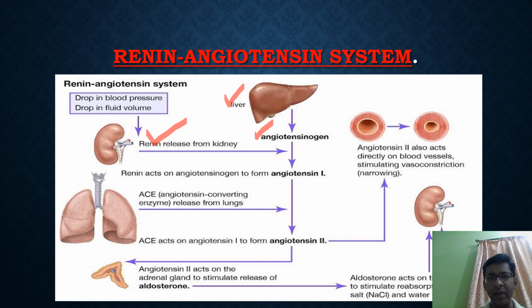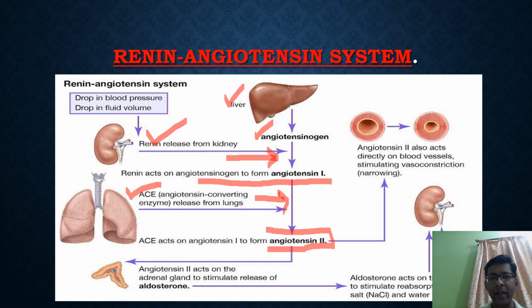So, this renin which gets secreted from the kidney acts on the angiotensinogen and converts it to angiotensin 1. Then a specific enzyme in the lungs called angiotensin converting enzyme acts on the angiotensin 1 and forms angiotensin 2.